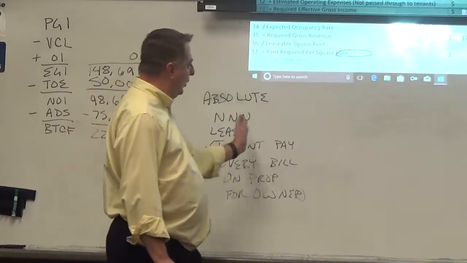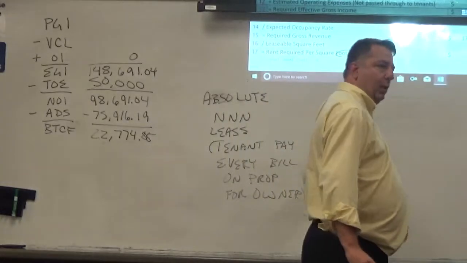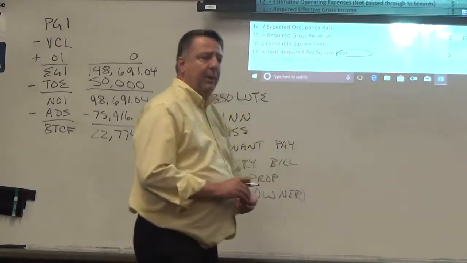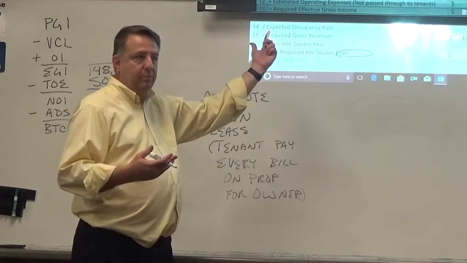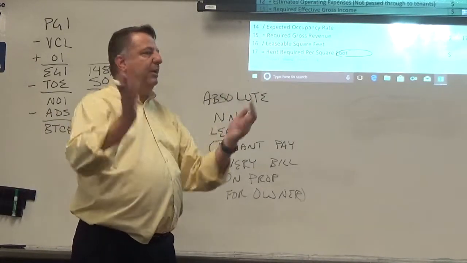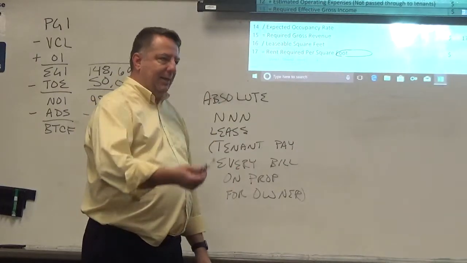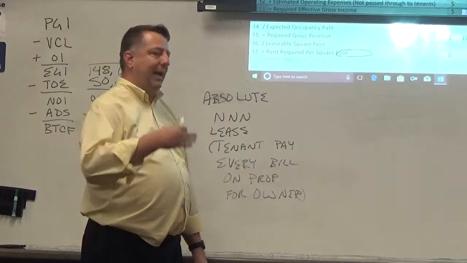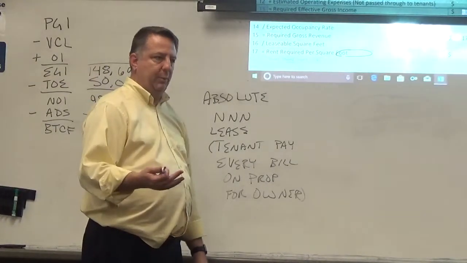It means it's somewhere beyond a triple net, maybe not a gross, but somewhere in this middle ground, some form of a net lease, or it could be a gross lease for that matter. We're not really defining what it is with that $50,000. It's simply an expense that is being borne by the property owner and not passed through to the tenants. So they're not being reimbursed for it, is what I'm trying to say.